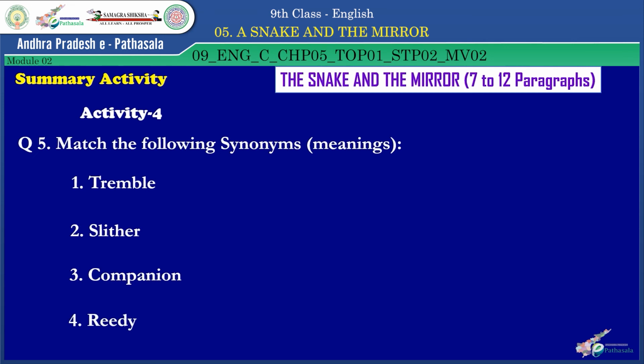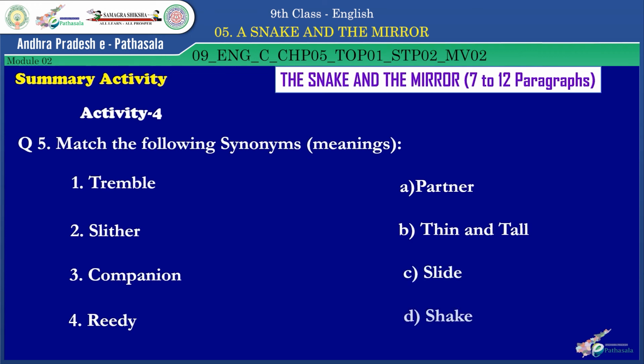For this, you have to take 4 more synonyms. A. Partner. B. Thin and tall. C. Slide. D. Shake. The words are given numbers 1, 2, 3, 4 and synonyms are given letters A, B, C, D.